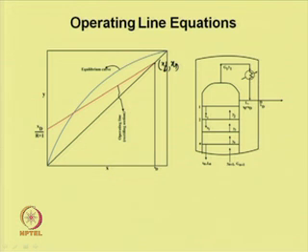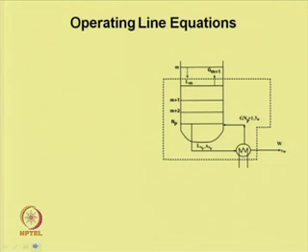Another simpler way, instead of taking the slope, is that we know the intercept x d by R plus 1. The reflux ratio is known and x d is known to us, so we know the intercept. Using this intercept and this x d point, we can plot the operating line for the rectifying section.